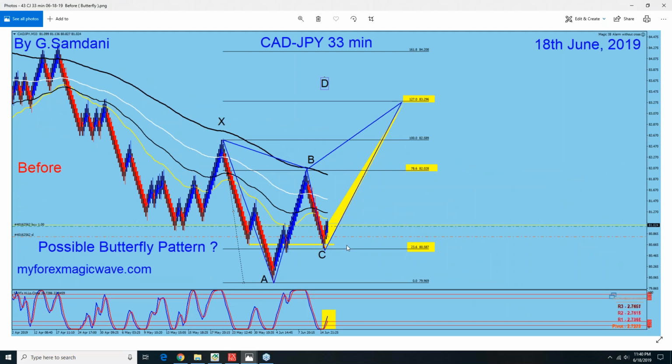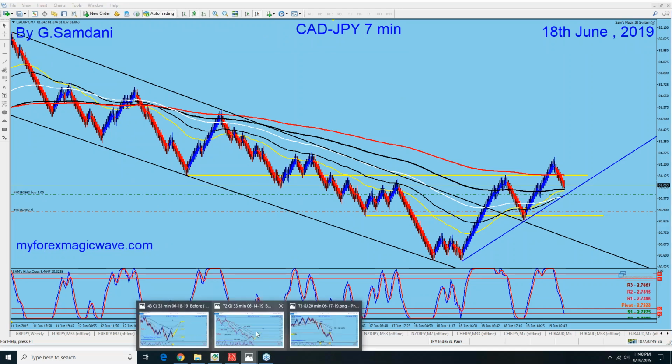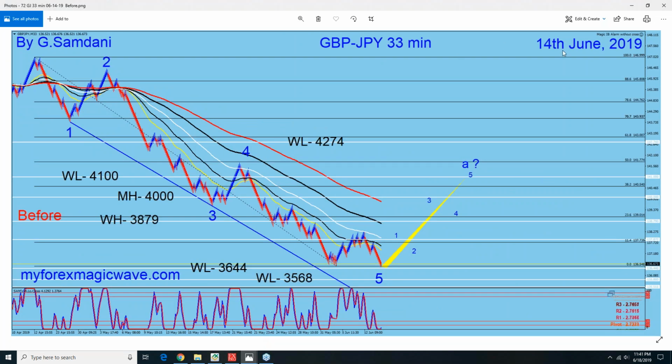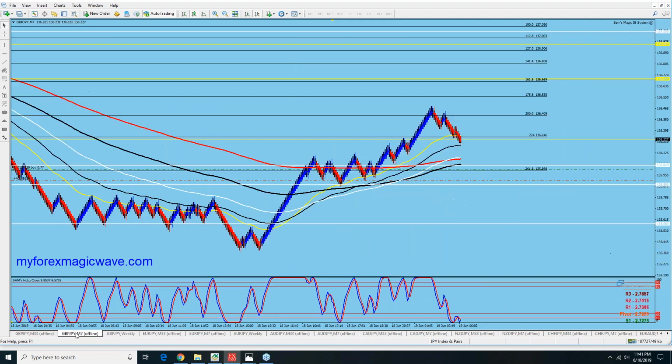Similarly, when everything was going down, let me show you here. See, this is the same thing on the 14th. I was expecting that we may bounce from here, which is pound yen, right? But the same thing happened: pound yen never gave us any entry in that time frame, or right here.